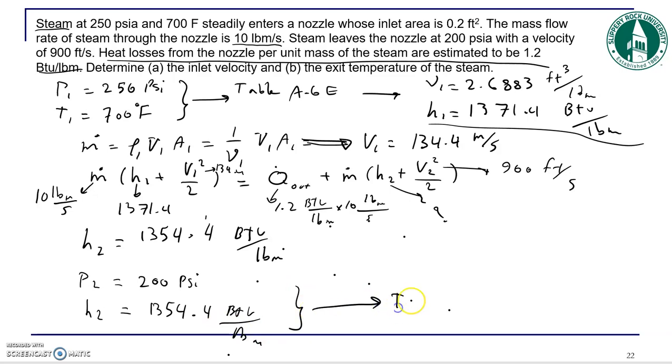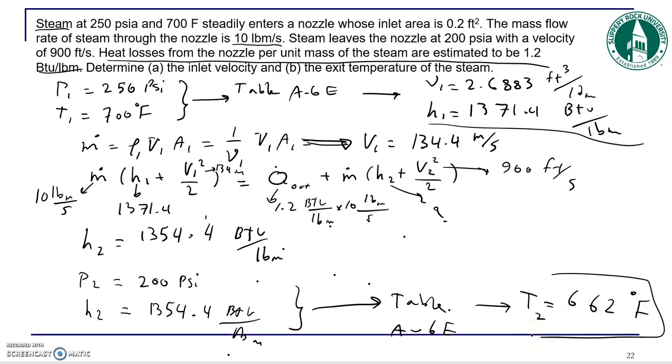Again, use table A6E and find the temperature. So temperature at the exit is going to be 662 degrees Fahrenheit, and that's the second part of this problem.